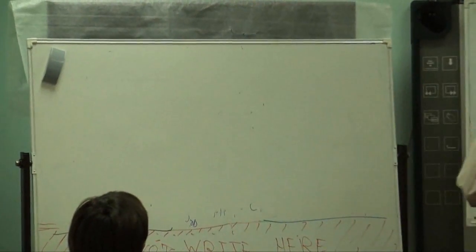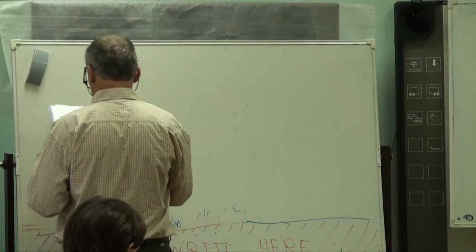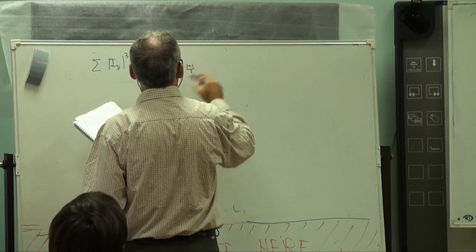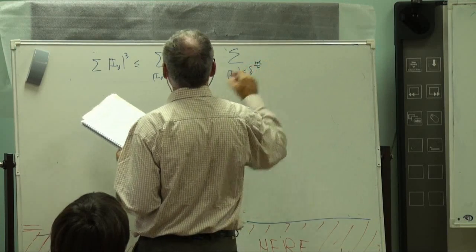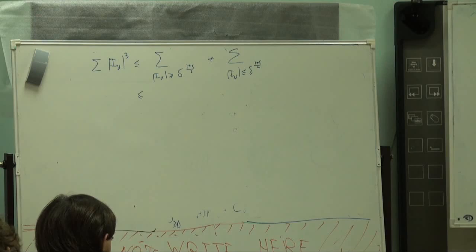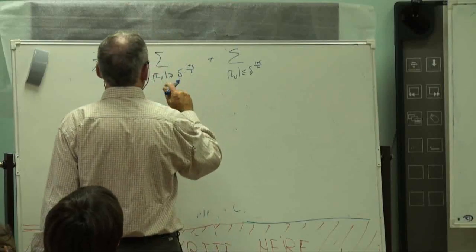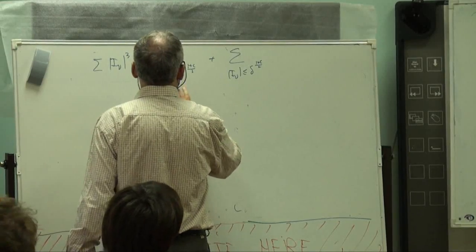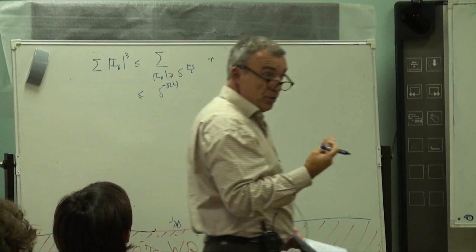So we can just compute, and we get that the sum of |I_ν|³ is less than the sum for |I_ν| greater than δ^((1+c)/2), plus the sum for |I_ν| less than δ^((1+c)/2). And this number here is δ to the power −3 minus γ(c).